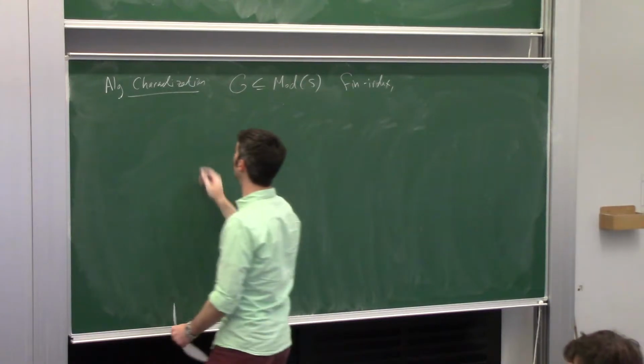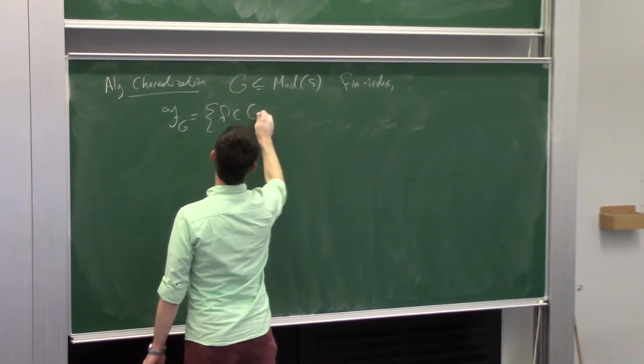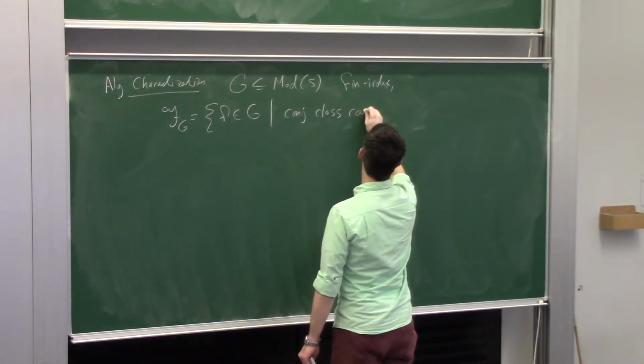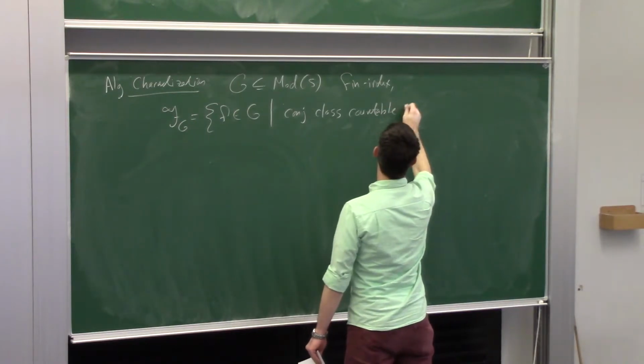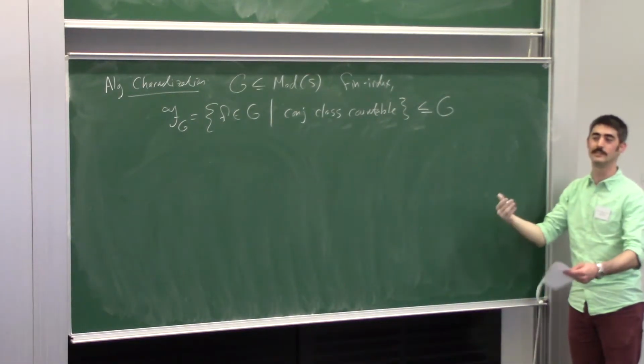Let me let f sub G be the things in G such that the conjugacy class is countable. That's a subgroup of G, and that's something I can check algebraically.